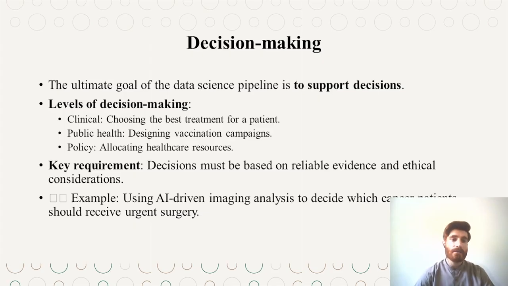The second thing is public health. We can use our data in designing vaccination campaigns, and in making our society's sanitation, hygiene, and water better, and controlling and preparing for disasters. And then there is policy, which is the main pillar. In policy, we allocate resources.